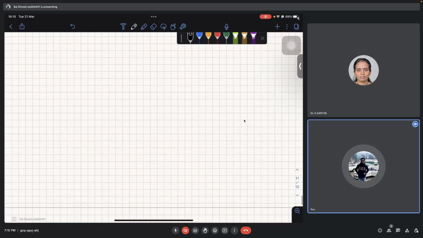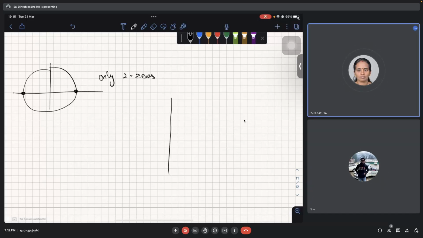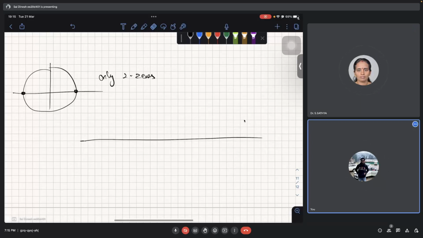So let's say the poles are not there. Now we only have two zeros. Then what will the plot look like? What will a zero do? It will create attenuation, right? So it will be very low.